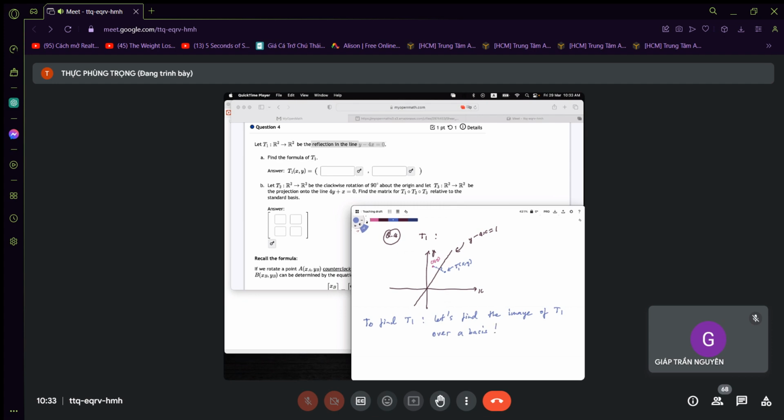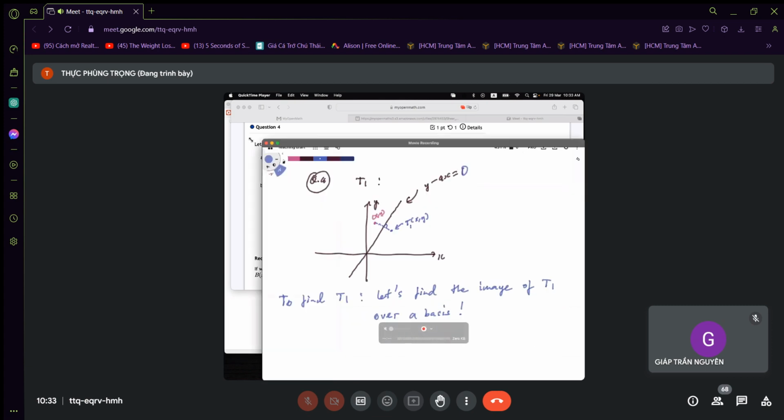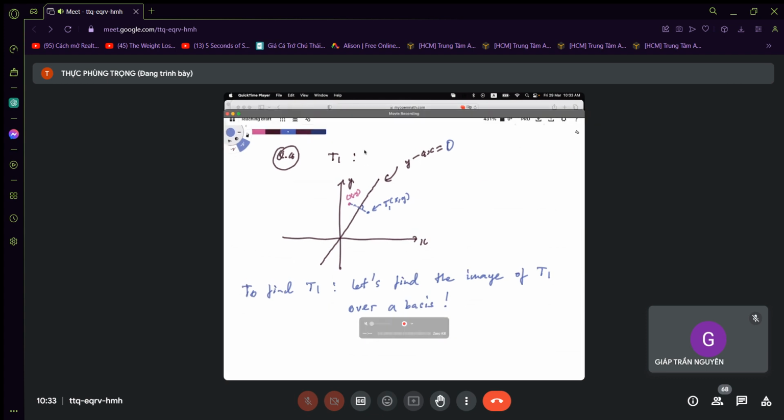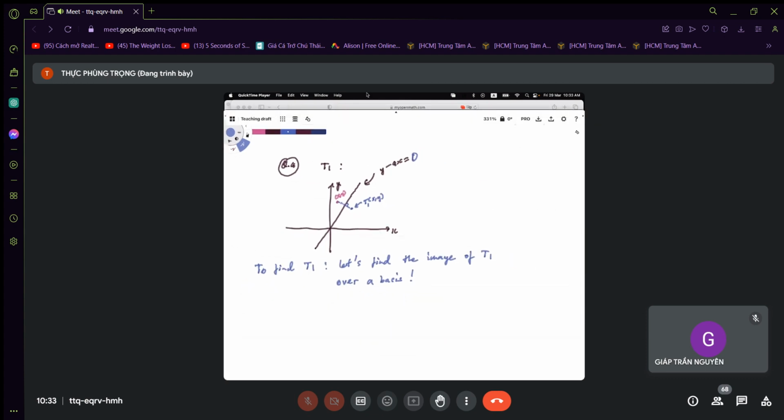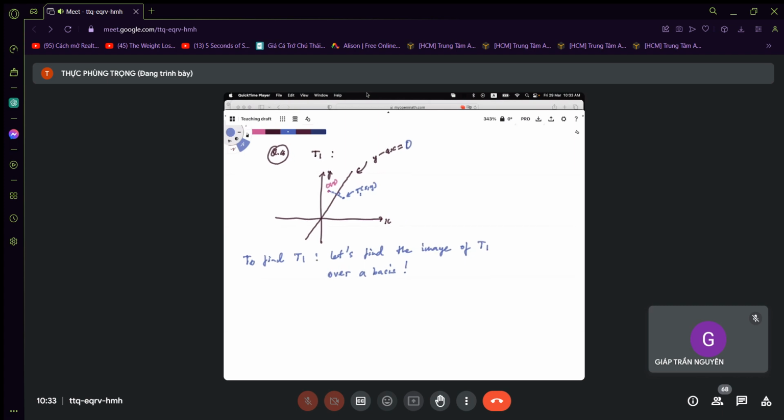You only need to find a basis of R2 and then find the image of T1 over that basis. All right, so let me make this bigger. All right, so first, now let's consider T1 of (1, 4).